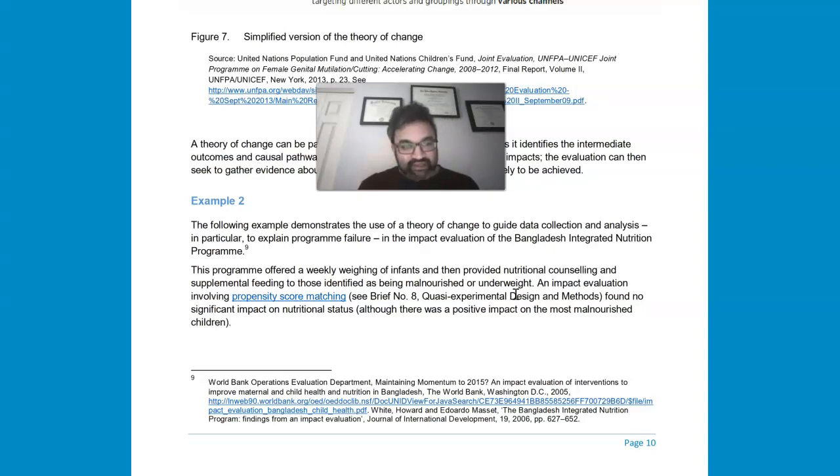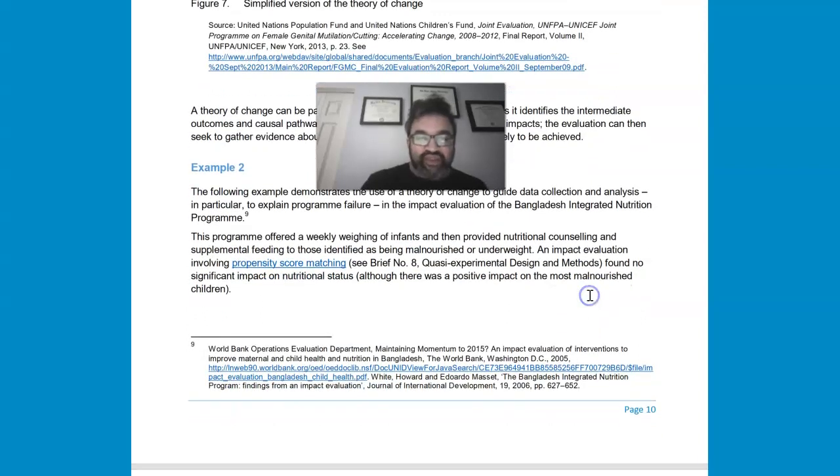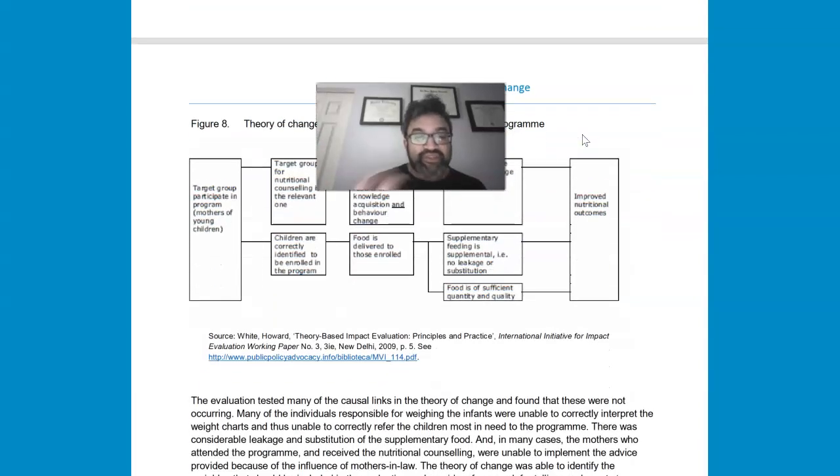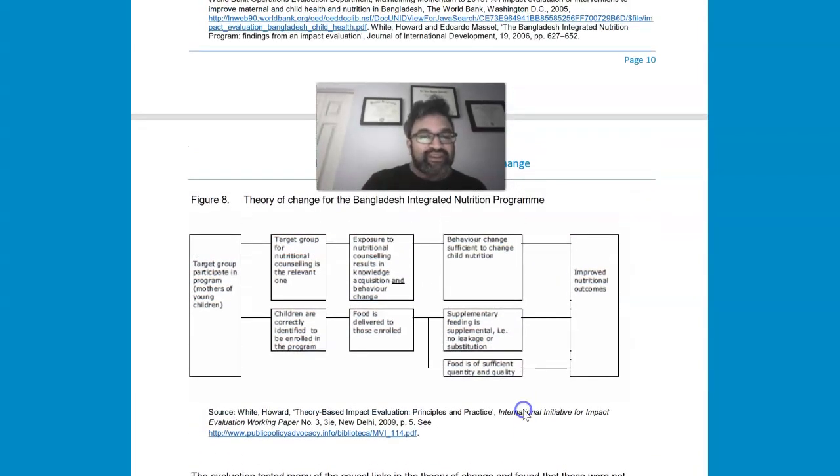But this example 2 goes into the theory of change application and explaining program failure in the impact evaluation of the Bangladesh Integrated Nutrition Program. This was nutritional counseling and supplemental feeding for a malnourished population that didn't really work well and didn't result in change.